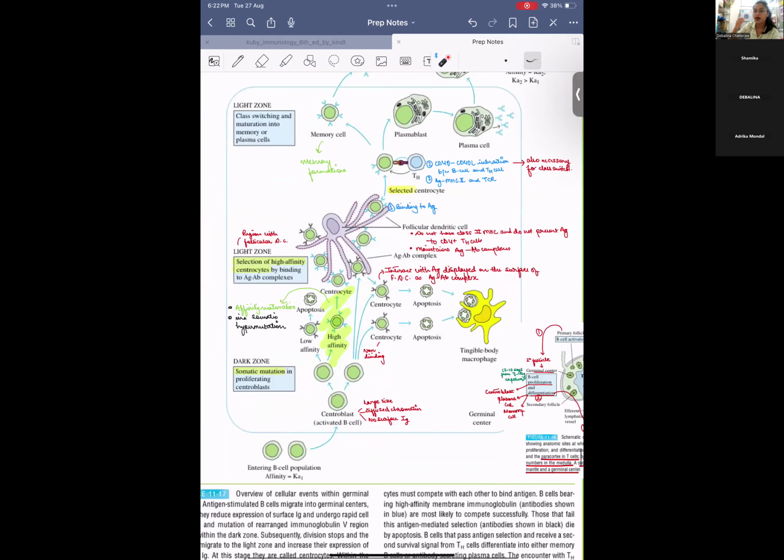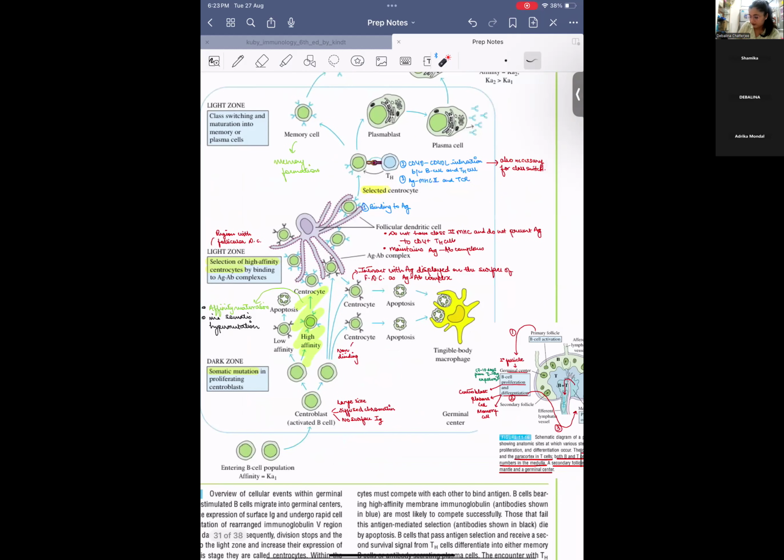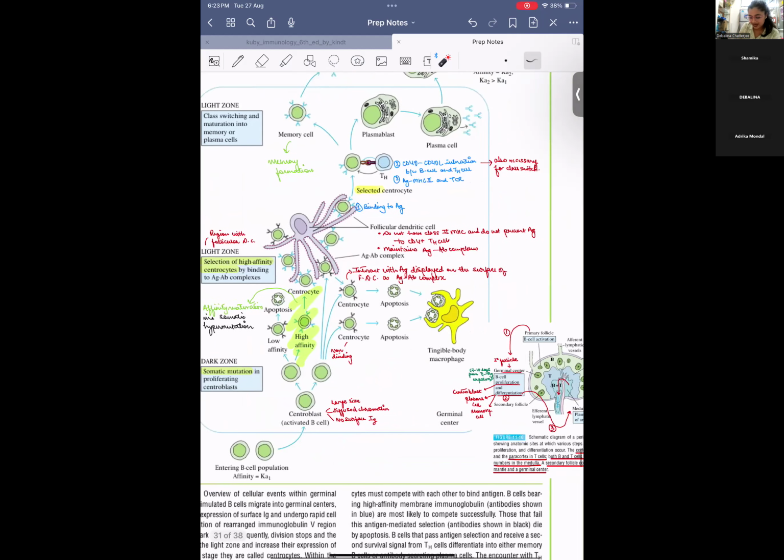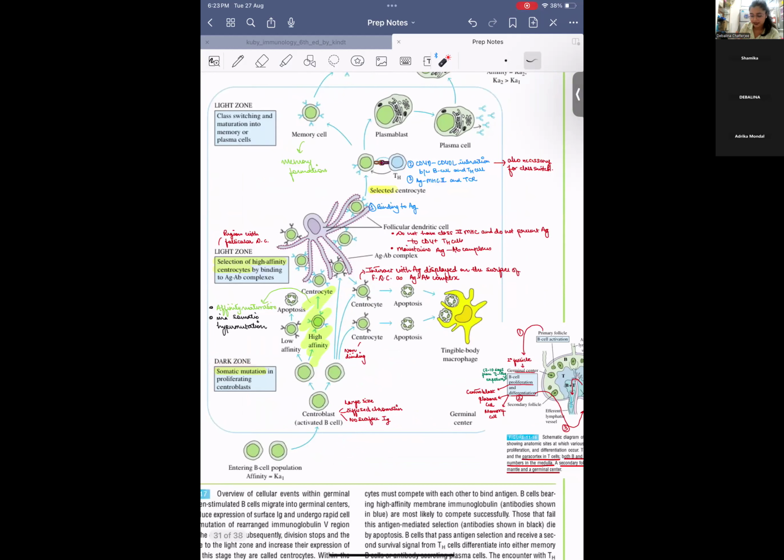But once we break it down, I hope this entire diagram feels a little more simplified for you all, right? So the core part, the innermost part of this germinal center is known as the dark zone. And this is the place where somatic mutations are happening. For now, just remember this as a term that has come up.